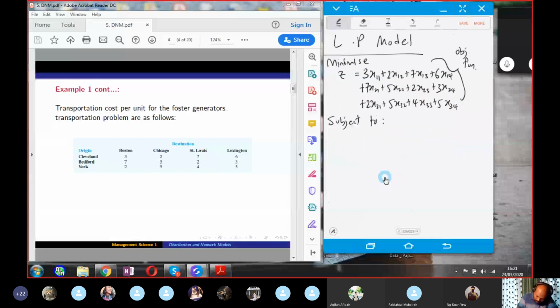The same goes for the other: X21, X22, X23, X24 less than or equal to 6,000.